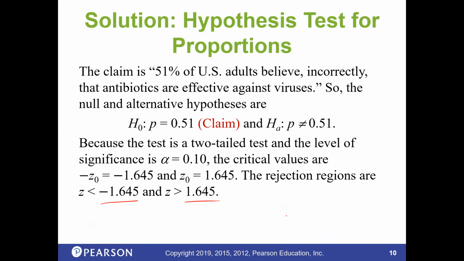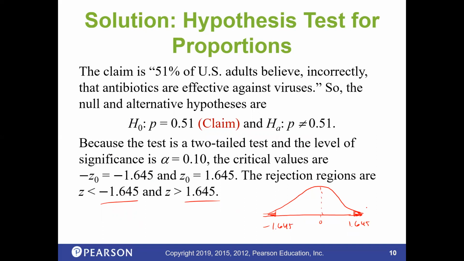If you want to, you can draw this out now. Boom. This guy's coming down to 0. This right here is at negative 1.645. This is a positive 1.645. That's cool. So now, once that is set up, we'll just have to figure out, is it in the rejection region, yes or no?